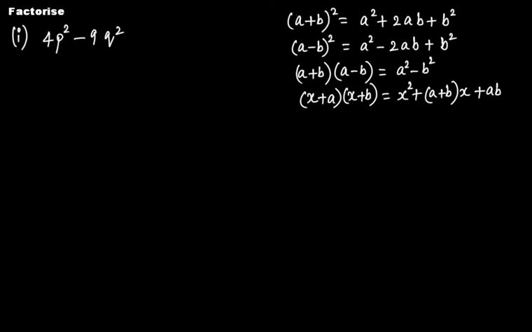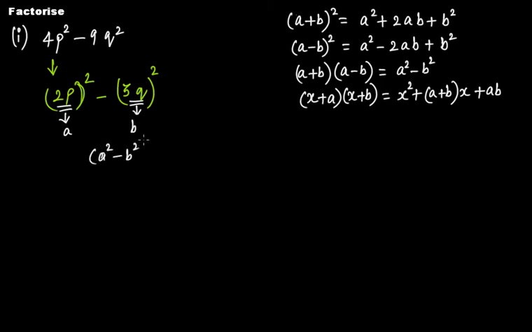Now this 4p squared can be written as 2p whole squared, minus 9q squared can be written as 3q whole squared. Okay, now if we take 2p as a and 3q as b, then it is of the form a squared minus b squared. That is this identity.